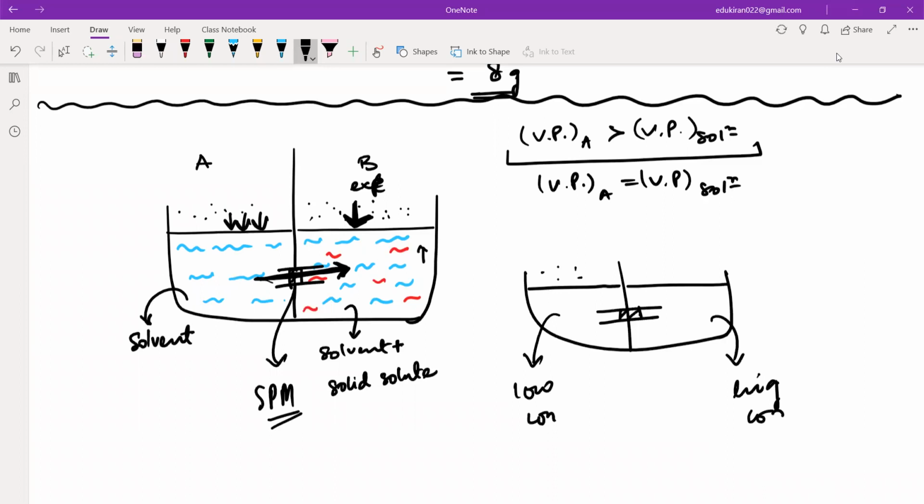And when the vapor pressure is higher, the solvent will move from low concentration to high concentration of solute. This movement is known as osmosis. And the pressure applied on the high concentration part in order to stop the osmosis is known as osmotic pressure. Okay? Now we'll write about osmosis and also about the osmotic pressure.